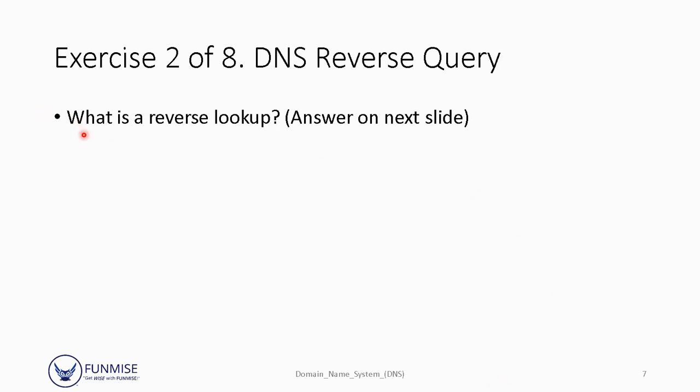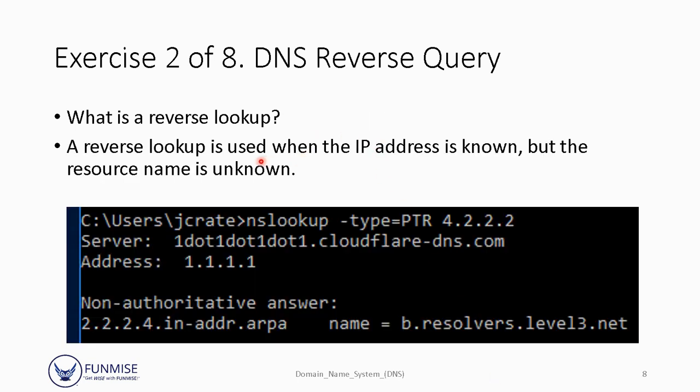Now, DNS reverse query. What is a reverse lookup? Well, you know what forward is. So a reverse lookup is used when the IP address is known, but the resource name is unknown. In this example, I'm using nslookup. The type is PTR pointer for the reverse entry for 4.2.2.2.